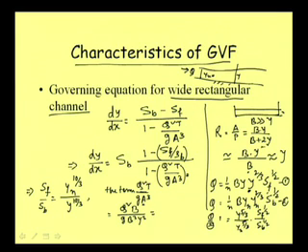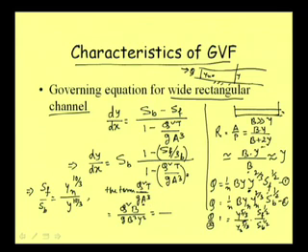Now B and B get cancelled, it becomes Q square by B square, and Q by B, the total discharge per unit width, is nothing but the unit discharge. So we can write Q square by B square as small q square, which represents unit discharge, so this becomes q square by g Y cube.